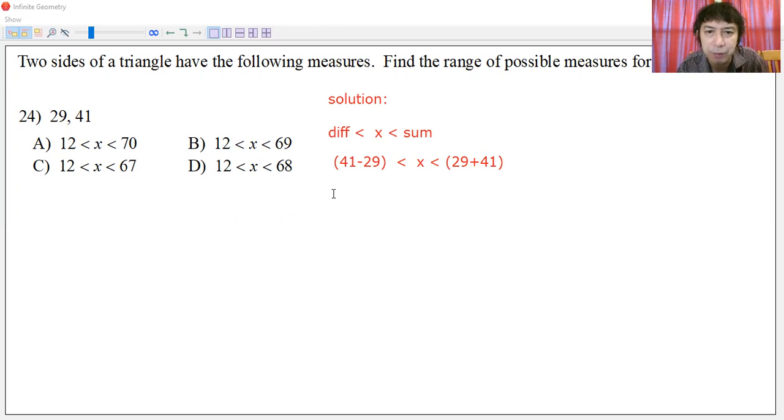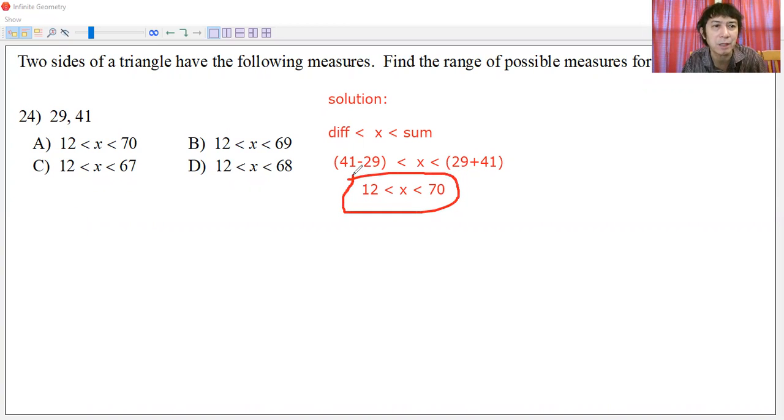Okay, let's have the difference. That should be about 12. The difference is 12. And the sum is about 70. Okay, 29 plus 41 is 70. Yes. All right, here's our final answer. 12 to 70.